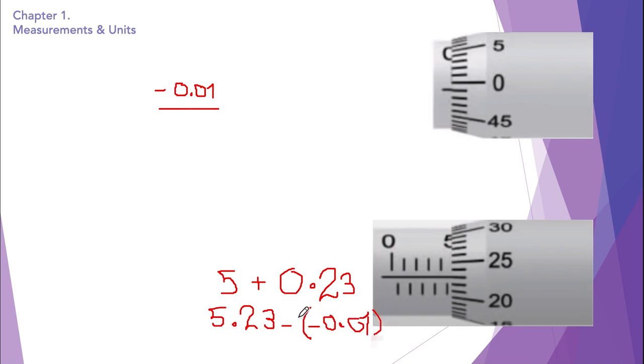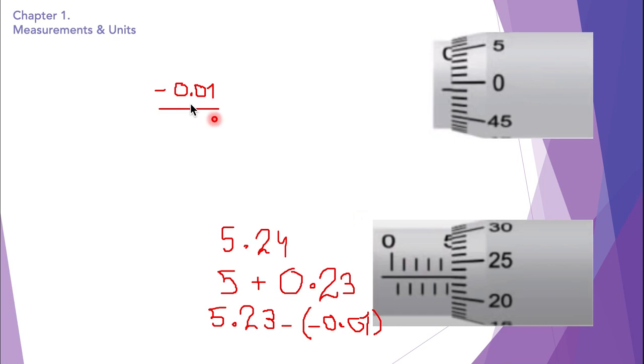Always remember to put brackets, because if we are minusing it, we will put two minus signs. So we have to put a bracket in between in order to make this a separate value. So when we do this, the minus basically becomes plus. So the reading is higher. So don't confuse this, because in maths, minus minus is equal to plus. And the answer is 5.24. So the correct reading is 5.24.